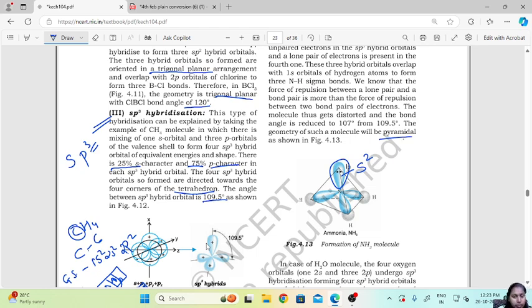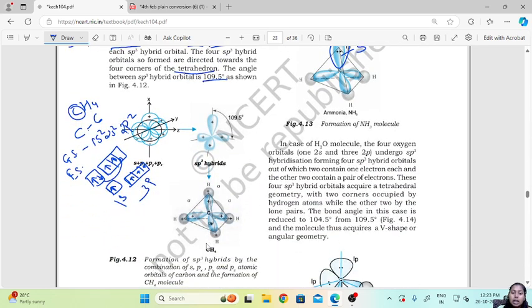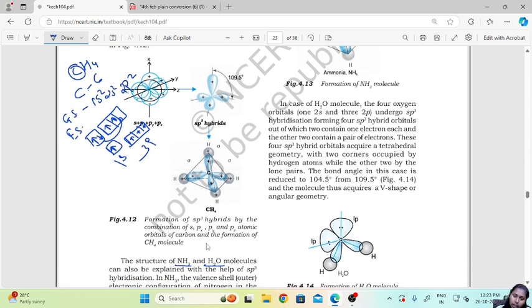From tetrahedral it becomes a pyramidal structure. Now, in the H2O molecule, the 4 oxygen orbitals, one 2s and three 2p, undergo sp3 hybridization, forming 4 sp3 hybrid orbitals. Since it follows sp3 hybridization, there will always be one 2s orbital and three 2p orbitals involved.